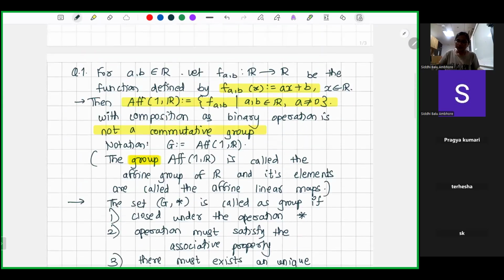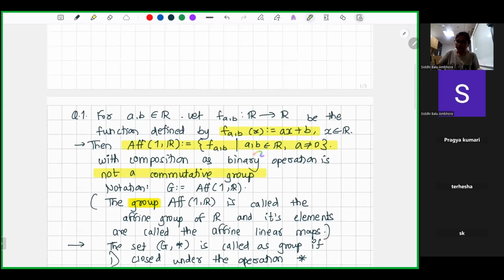So what I was saying is that when we defined this f_{a,b}, this a and b were from R. We did not have any condition on a and b when we defined f_{a,b}. But when we chose elements from this affine group, then we wanted this a to be non-zero.